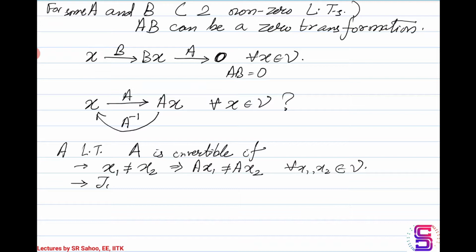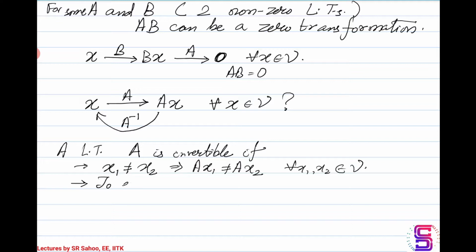And the next is the onto condition. Similar to a function map, which takes a value from a domain and gives it in the range, if you want the function to be invertible, first you need to satisfy the one-to-one mapping. That is, for every element in the domain, there exists a corresponding element in the range. And for every element in the range, you will find a corresponding element in the domain, or the onto condition.